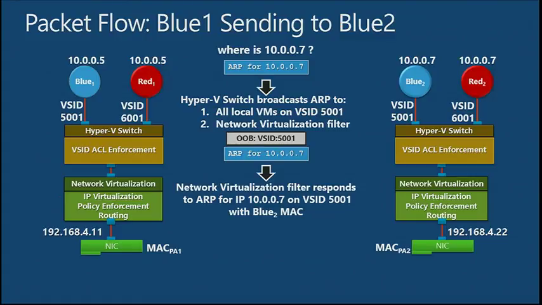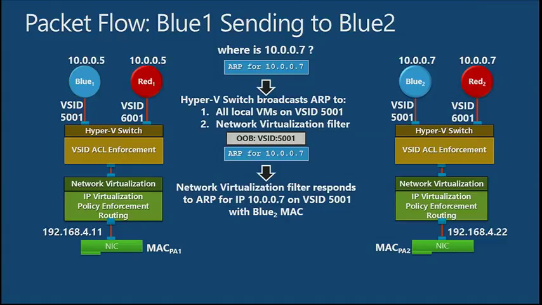It stops there. But what happens is the network virtualization filter goes and talks to System Center Virtual Machine Manager and grabs the mapping for where 10.0.0.7 is, and it fires it back into the network virtualization layer. So if it's not local, it goes off to Virtual Machine Manager to grab that. Hyper-V holds a subset of that mapping table to deal with the VMs that it has.